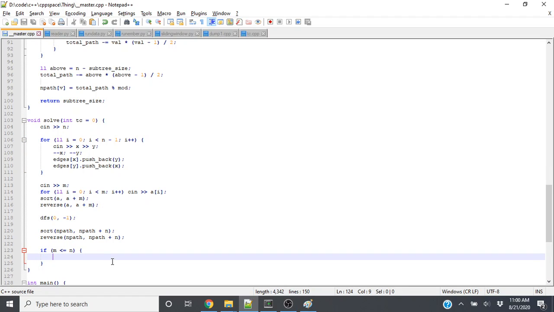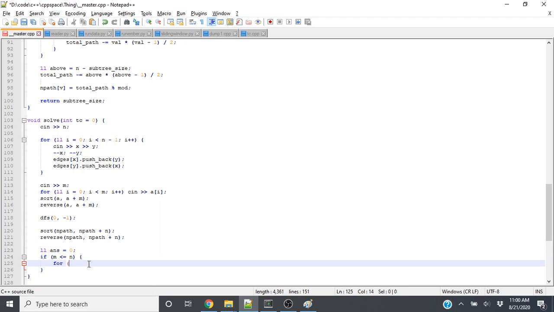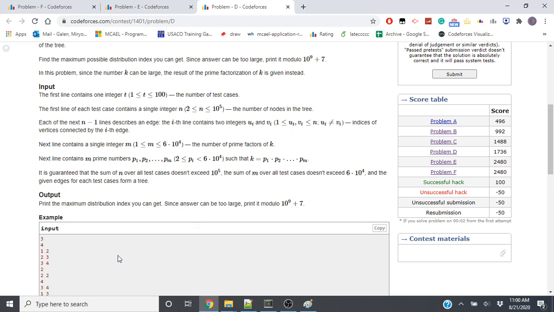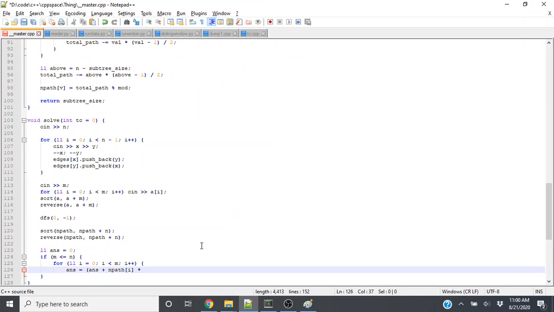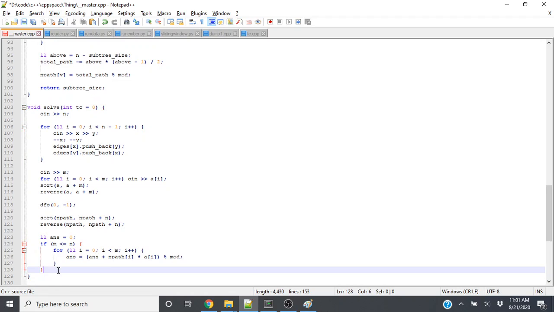Then for each i, ans equals ans plus n path i times a i mod mod, and that's just it. We'll just count the sum of those contributions to the sum.